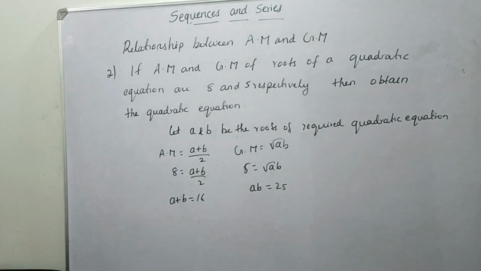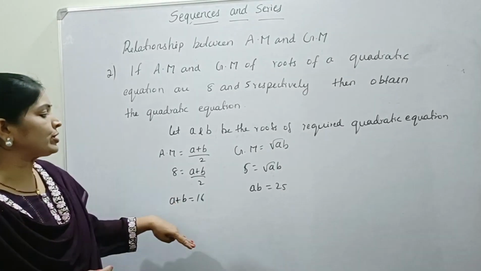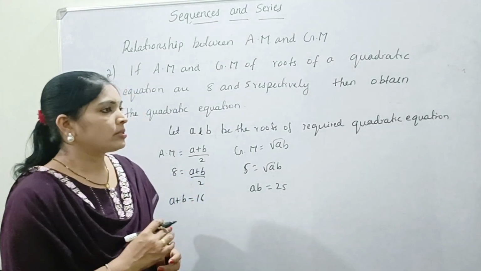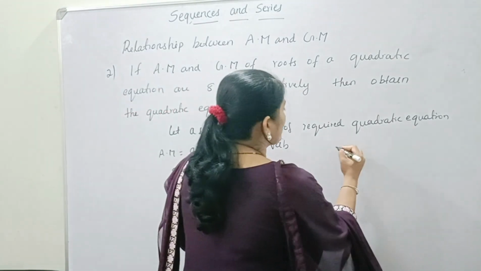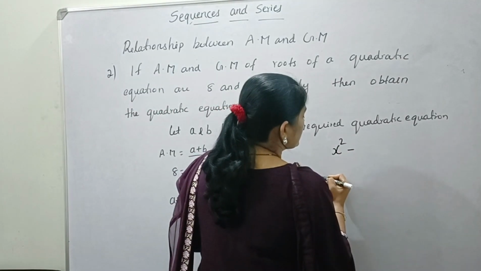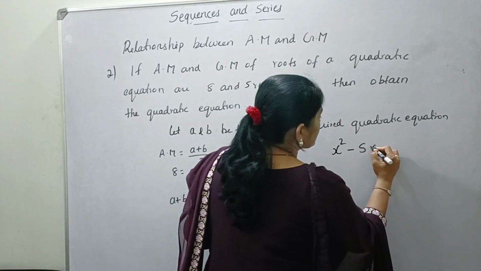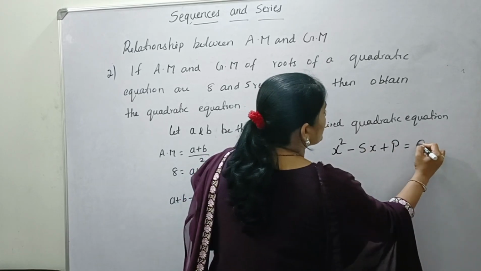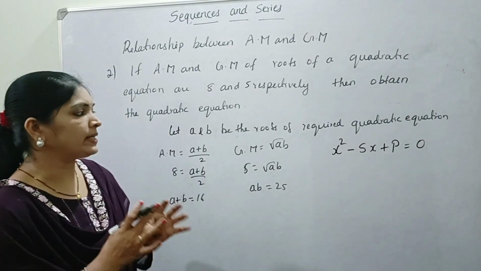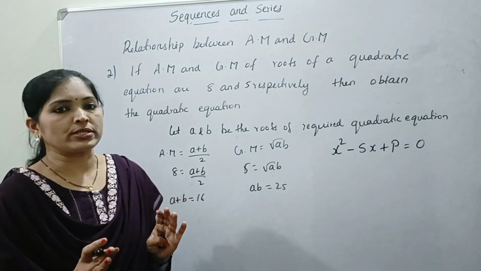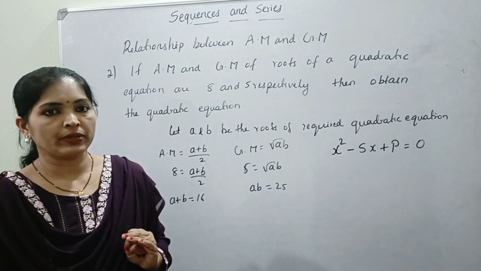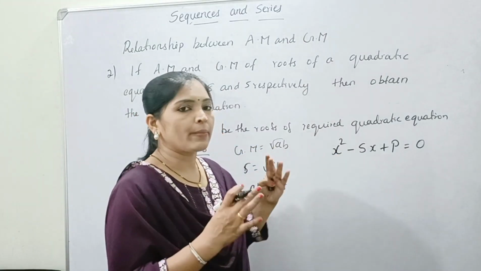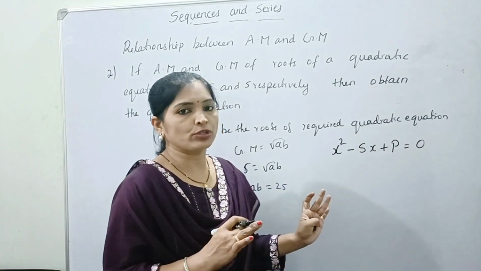Now see how to write the quadratic equation. A quadratic equation is of the form x square minus sx plus p is equal to 0, where s is the sum of roots and p is the product of roots.